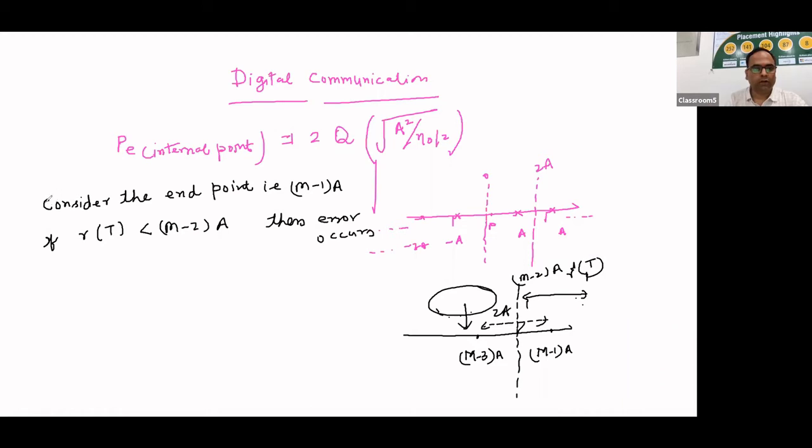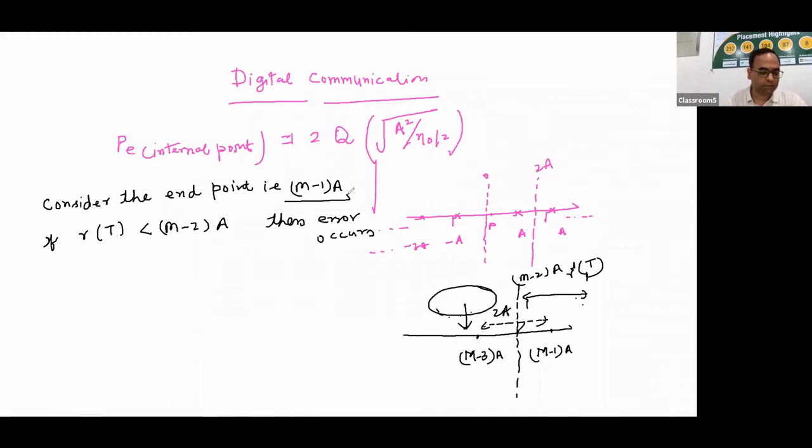But you have already fixed that your decision point is M minus 1A, because you are talking for M minus 1A. So for M minus 1A, the error case will be that the received signal R(t) is less than M minus 2A.